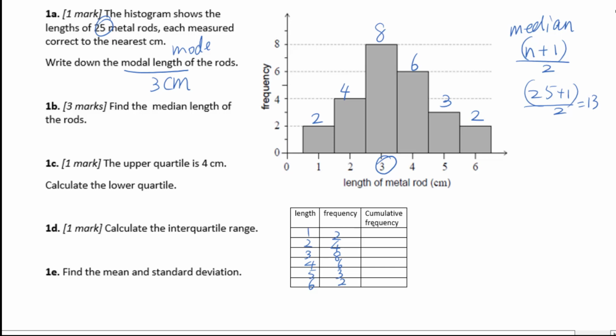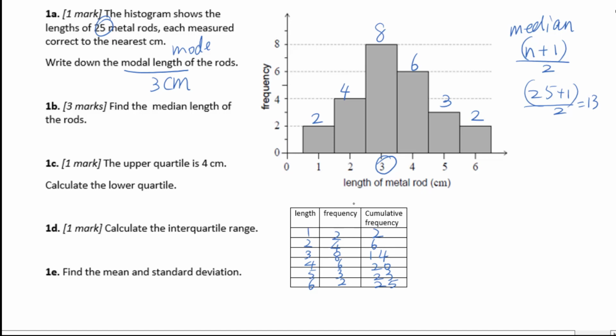For cumulative frequency, if we want to work this out by hand, 2 plus 4 is 6, 6 plus 8 is 14, 14 plus 6 is 20, 20 plus 3 is 23, then 23 plus 2 is 25. Altogether, there are 25 metal rods.